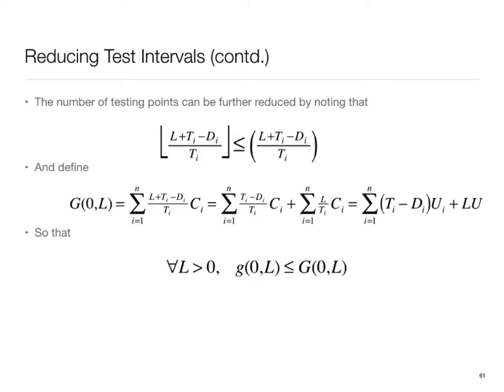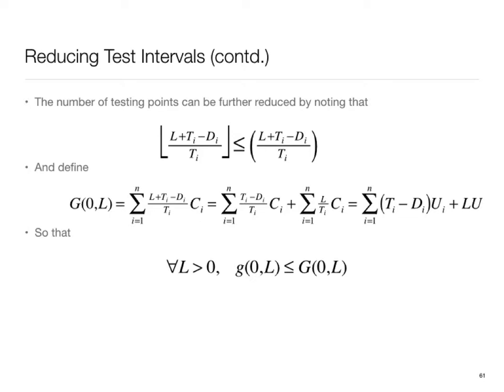It's linear in L, because if you simplify the expression, it becomes some term plus L times u. So for all L greater than or equal to 0, this stepwise function g is less than or equal to this linear term, which we can calculate easily. As a function of L, I know the T_i, D_i, U_i, so I can compute it.